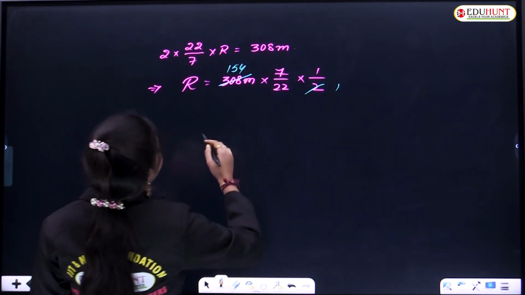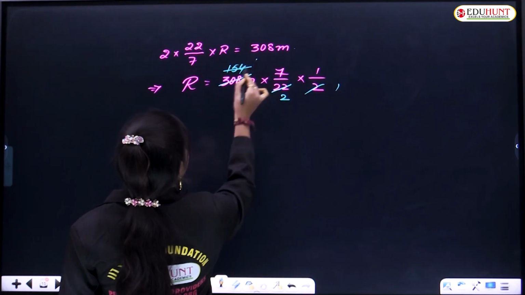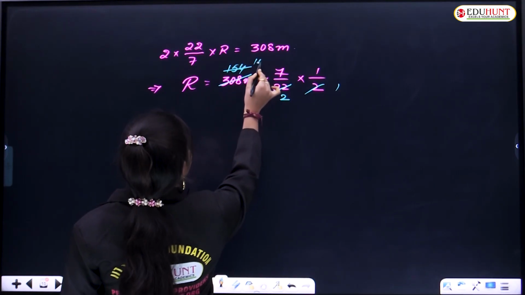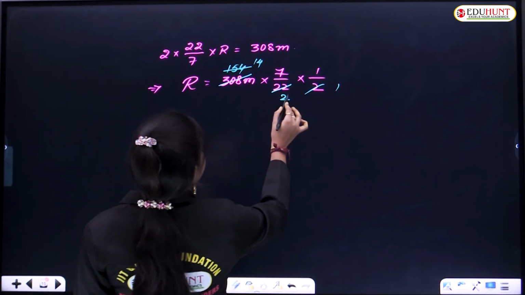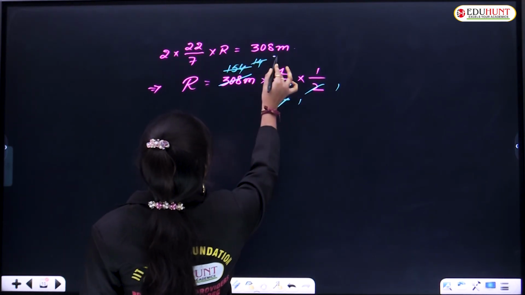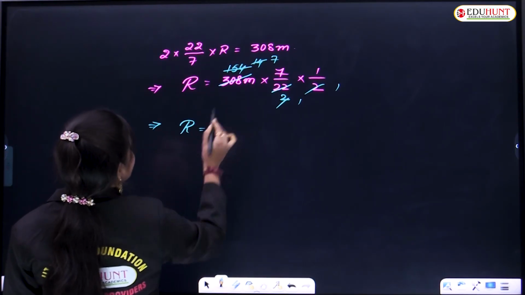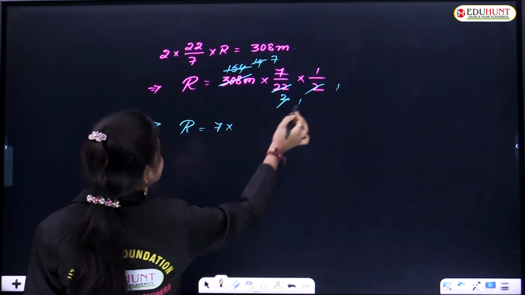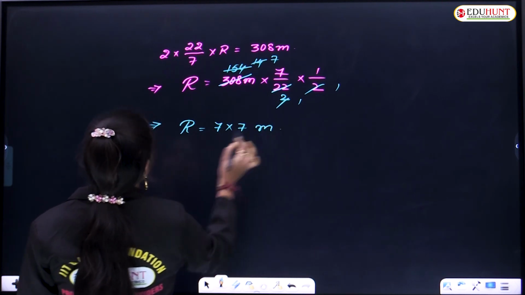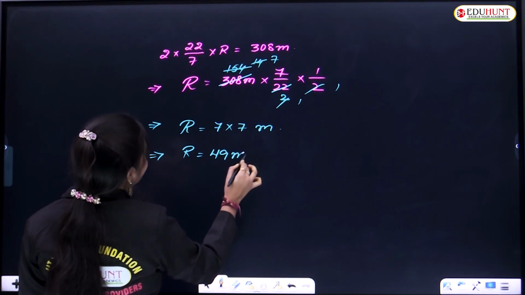Next cancellation: 11 2s are 22, 11 ones are 11, and here 11 14s are 154. Another cancellation: 2 ones, 2 sevens. Finally R is equal to 7 into 7 meters. That's it. Then finally R is equal to 7 sevens are 49 meters.